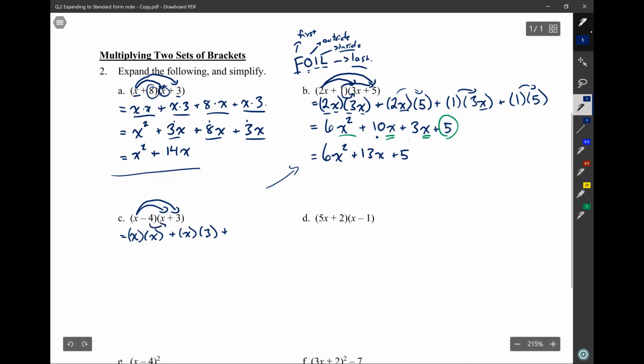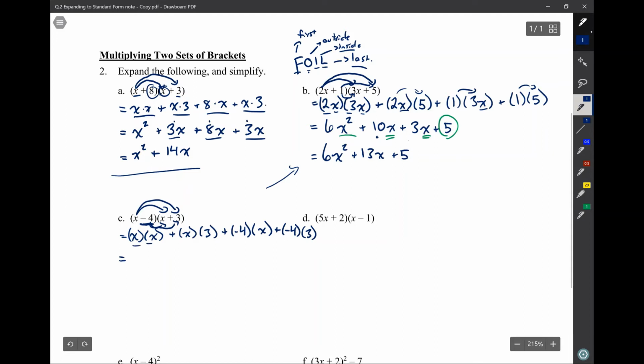So how I'm going to work with it here is my inside terms here. The first one is negative 4. I'm going to keep that minus sign in front of it and use that. So negative 4 times x. And then my last terms, again, we're going to work with the negative 4 and the 3. So plus negative 4 times 3.